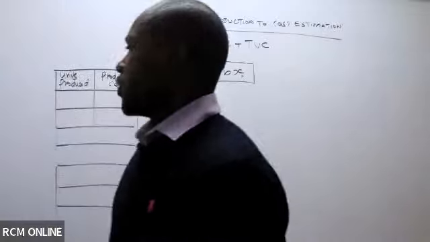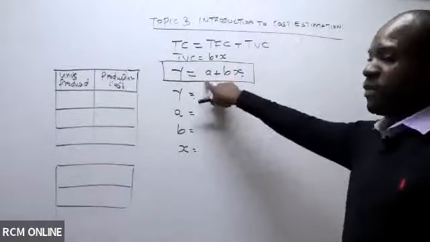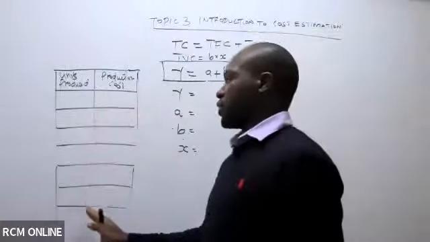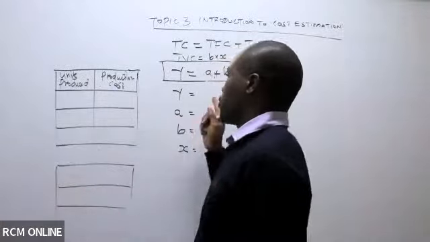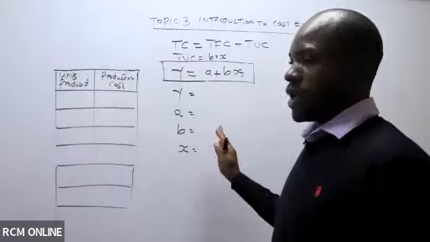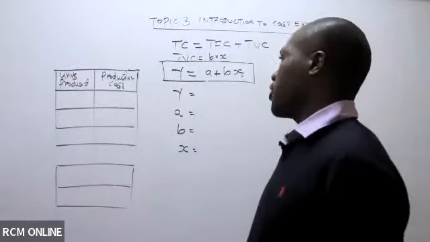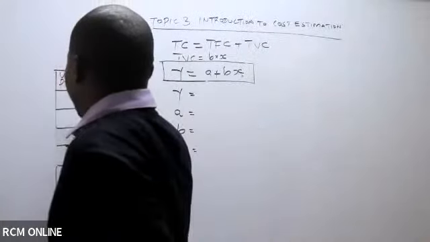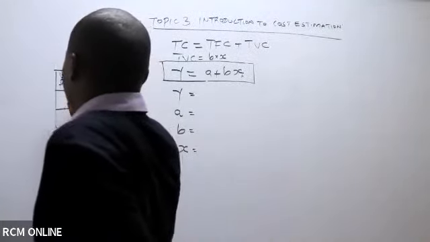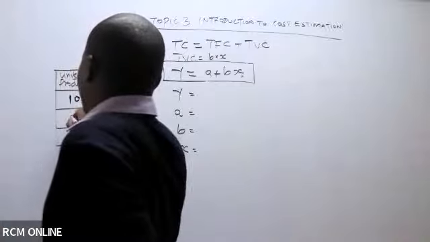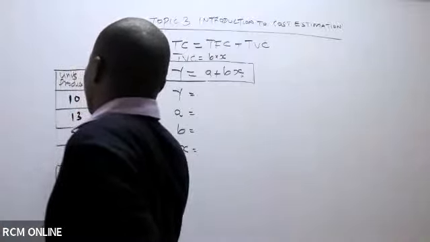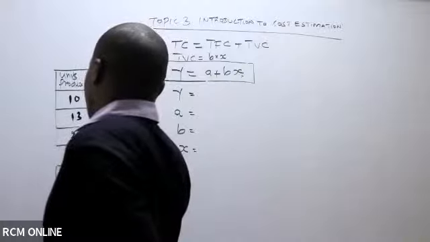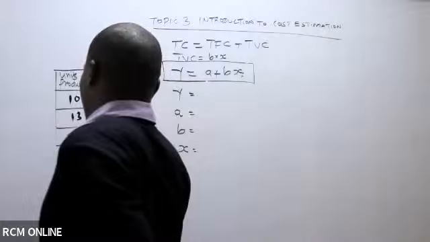Good. So introduction to cost estimation, and this is the simplified function. So I want to use this illustration, this sample data here, to understand what we'll be talking about under the definition of each component of the cost function. So we can take 10, 13, 24, 9, 16.